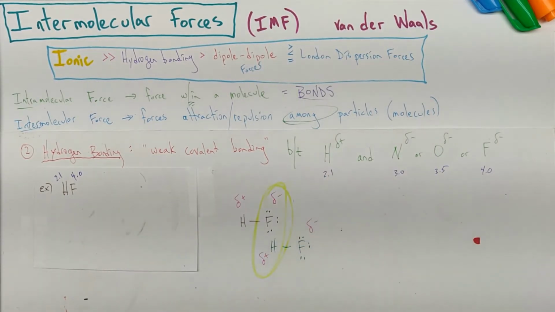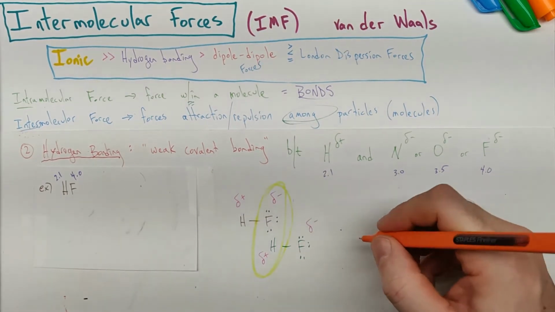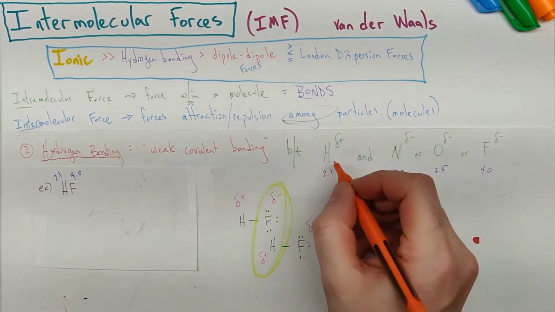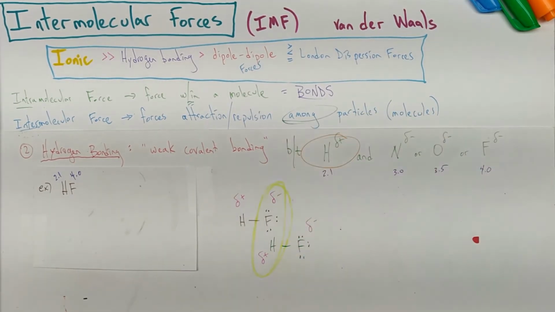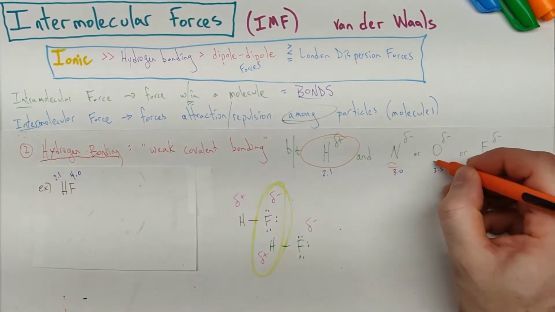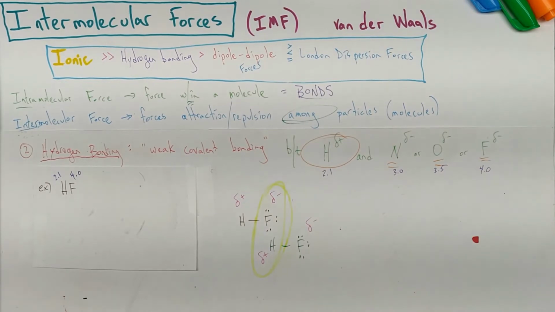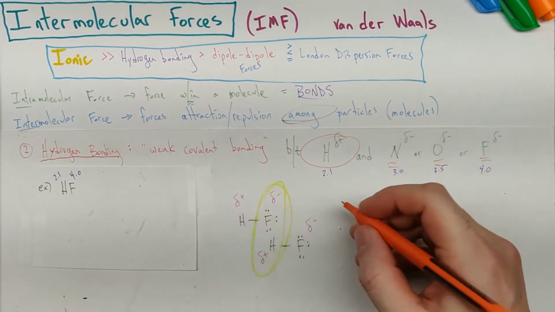So again, at a glance, it looks pretty much the same as our regular old dipole-dipole forces, but the key factor here, we've got a slightly positive hydrogen attached to a slightly negative nitrogen, oxygen, or fluorine. So just toss one more on here.